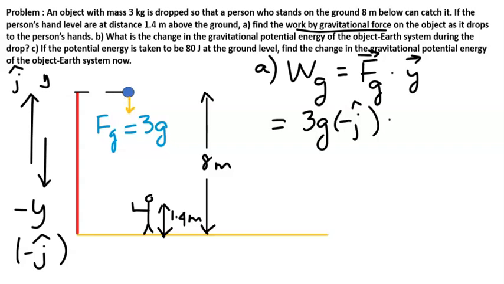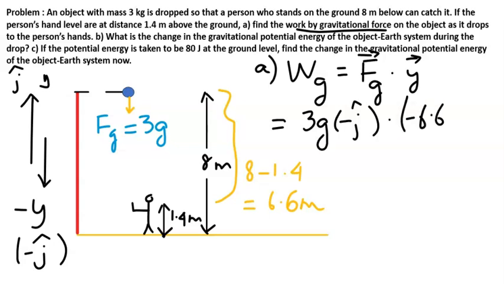Note, as the object falls, it falls that much distance. So that distance is 8 minus 1.4, which is 6.6 meters. So the displacement in a downward direction is minus 6.6 j hat.